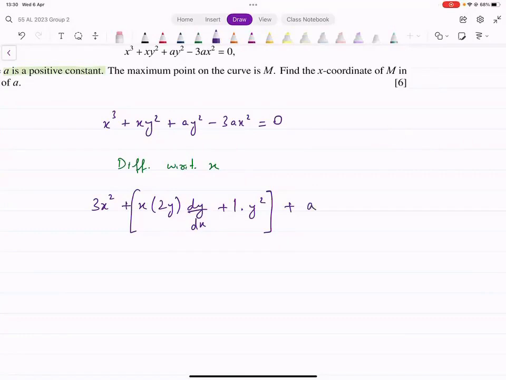A remains as it is. It does not change. Y square को differentiate कर लें. That's 2y into dy over dx. Minus 3ax square. Again 3a is constant, वो वैसे ही रहेगा. X square का derivative, it's 2x, and that equals 0.